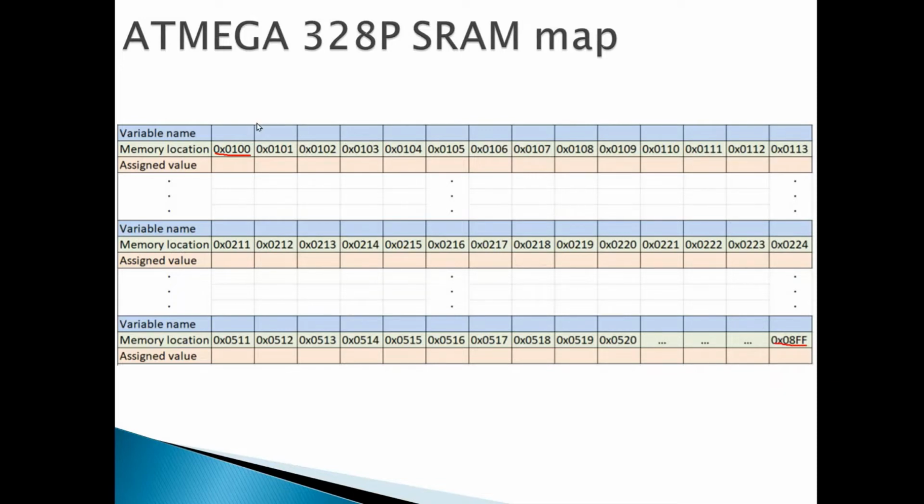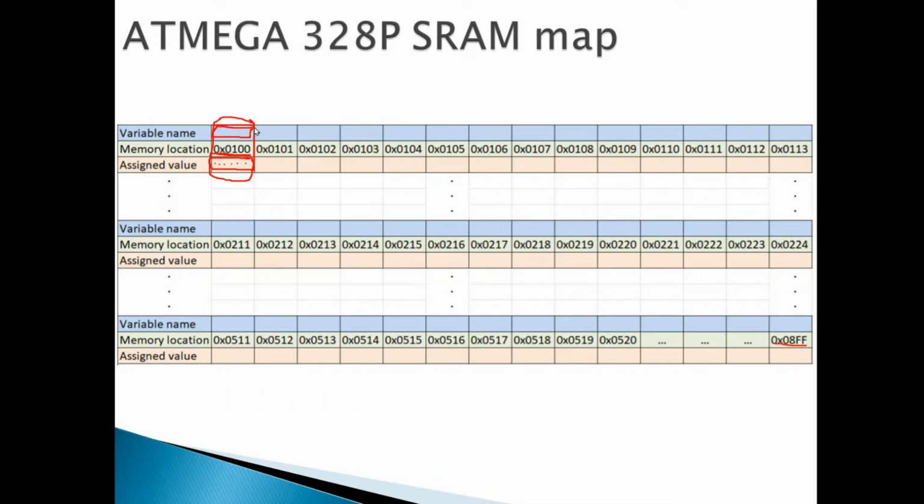Every cell of this memory consists of 1 byte, which is 8 bits. So if it's not set to any variable, we assume here that we have 8 zeros. Each memory location has a memory address and also the value that's been assigned to the variable that we are declaring, and also we have the variable name.